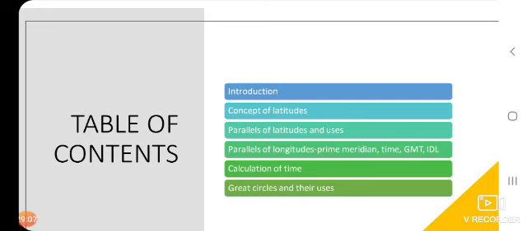Not only that, we also learnt about longitudes: what is a longitude, the uses of longitudes, and the time zones, the Indian Standard Time, the International Dateline, and the Greenwich Mean Time. We also learnt the calculation of time, only theoretically, with a simple explanation. And then we also learnt about the great circles and their uses.